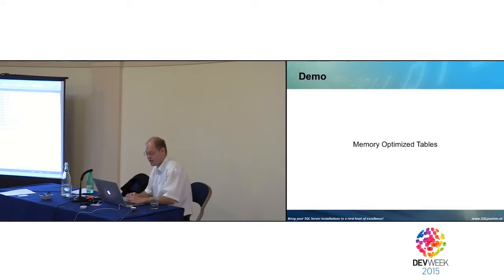So I take a hash bucket count of 1 million. I recreate that table. I recreate the native compiled stored procedure. And now I run that stored procedure. Finished.